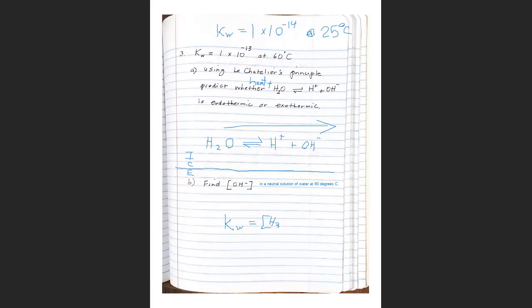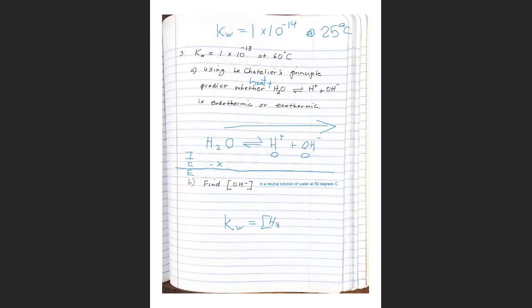If you draw an ICE chart, trying to make the line as straight as possible, you initially start out with 0 of this before the water begins to dissociate. Remember, that's what the initial means. Before the reaction begins to happen, you have 0 H plus and OH minus. Then it dissociates, and that means a certain amount of this breaks up.